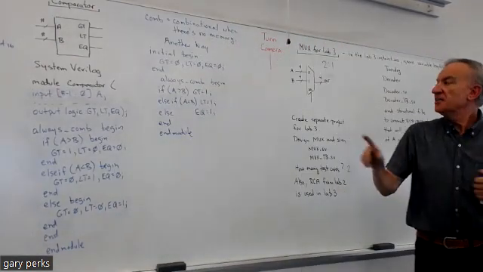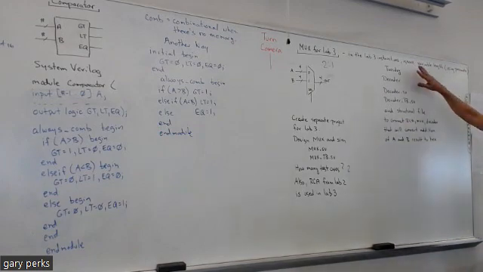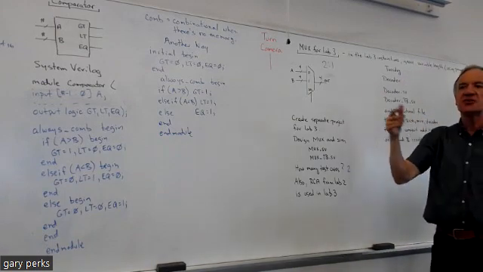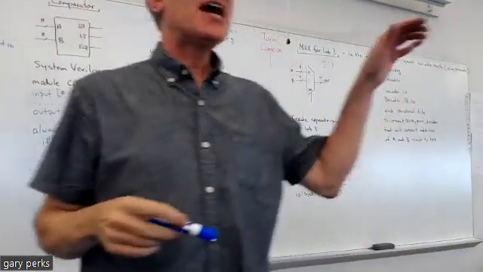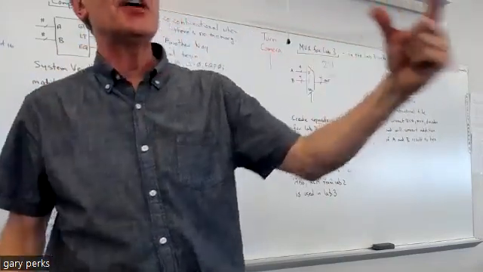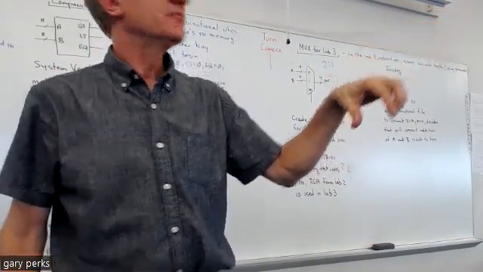Okay. Now, just to give you a little preview of next week. Next week on Tuesday, we're going to talk about what a decoder is, and specifically a decoder called a 7-segment display decoder. Because in lab 3, instead of having your output on LEDs, you're going to have your output on one of the 7-segment displays on your Basys 3 board.